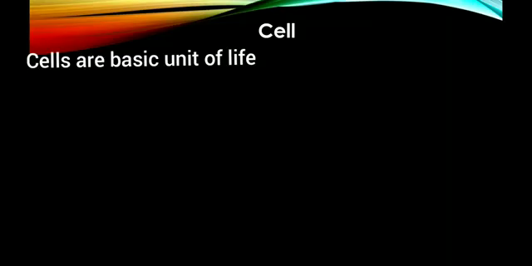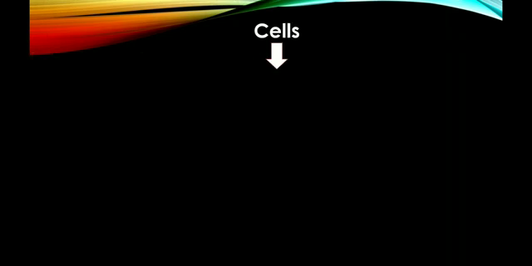Before starting the topic, let's start with the introduction. You know about cells. Cells are the basic, or you can say the structural and functional unit of life. When different cells combine together, they form tissues. What are tissues?